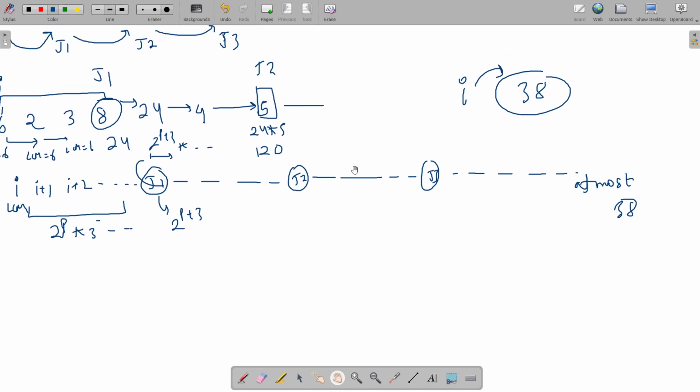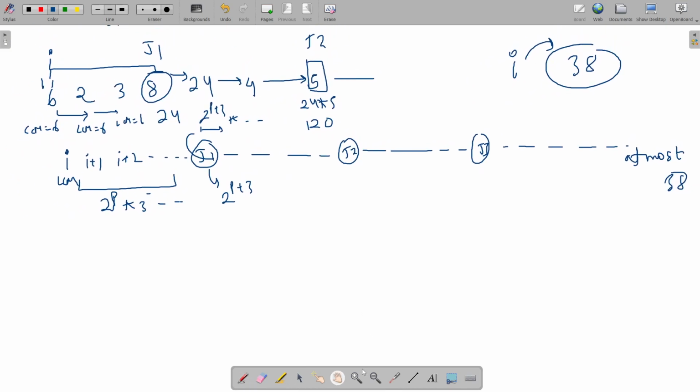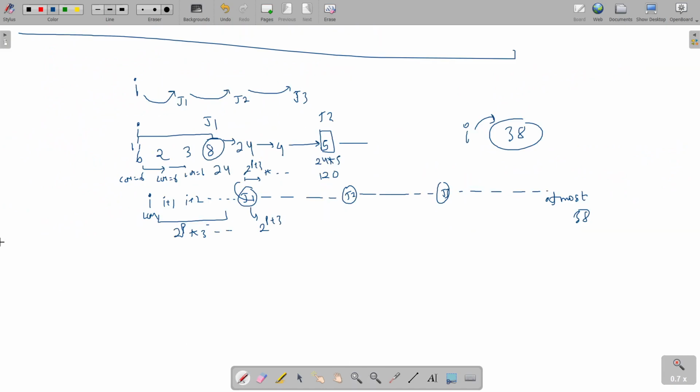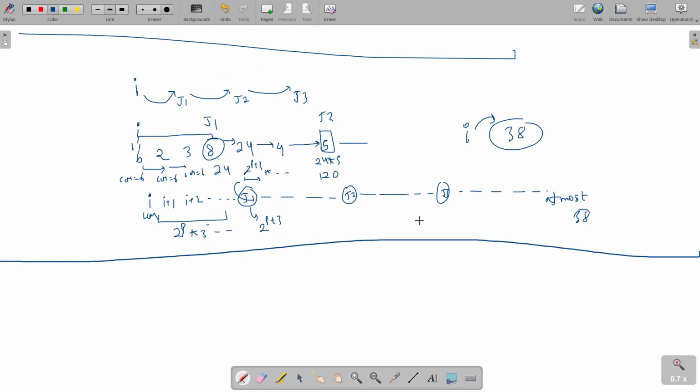And then we will store those LCMs in a set and then we will find the MEX. So if you are following me till here, let's discuss how we will do it. And then I will also tell you some additional constraints on the answer that we can obtain further.